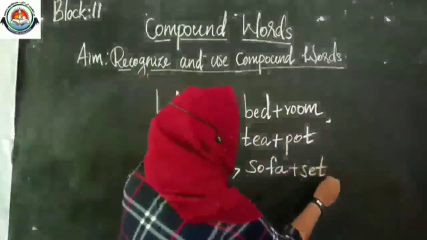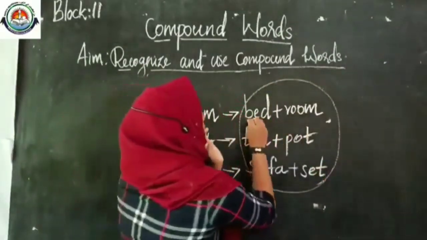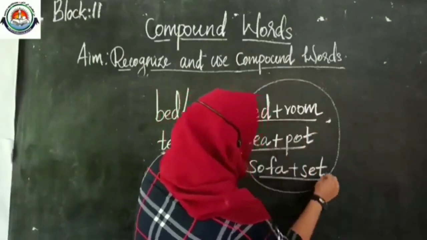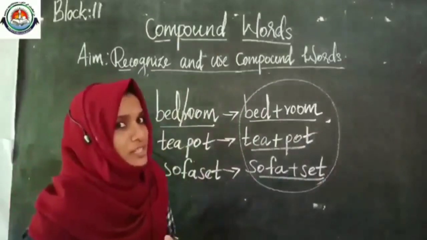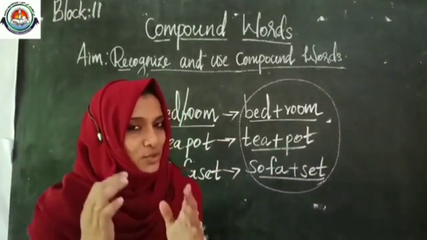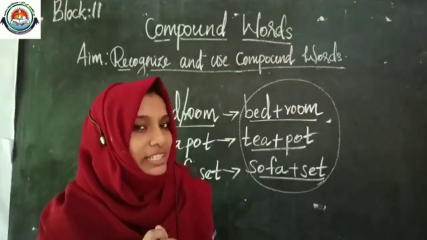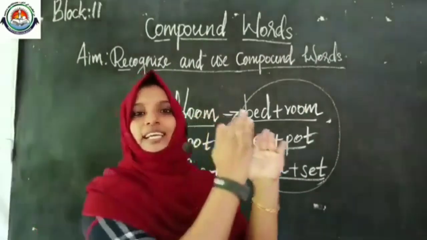In both of these words, the two parts are having their own meaning. What is the meaning of bedroom? What do you mean by this word, bedroom? It is a familiar word, isn't it? Yes. It is the room in which the bed is set.